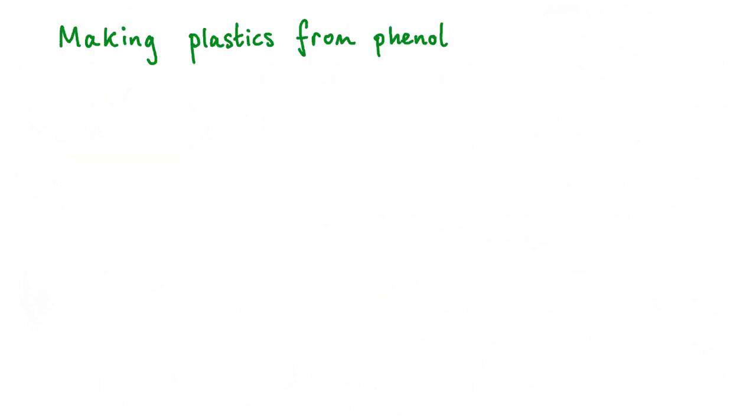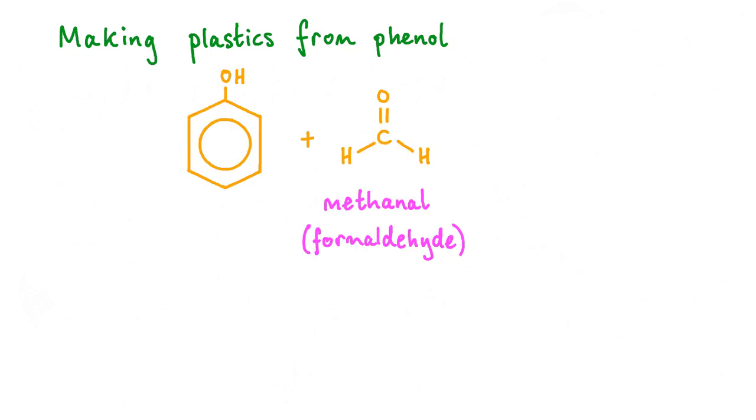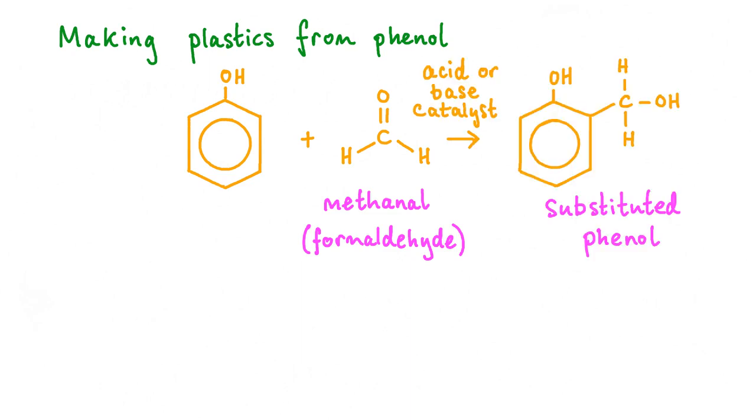In the next section, we'll see how a plastic called bakelite can be made from phenol. Phenol can be heated with methanal or formaldehyde in the presence of an acid or base catalyst to form a hard brittle plastic. In the first step, the phenol molecule becomes substituted.